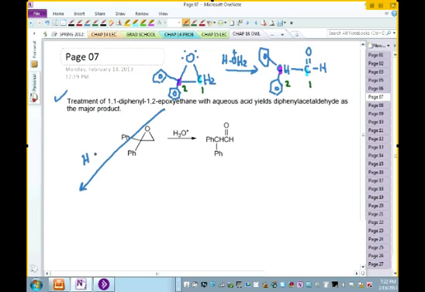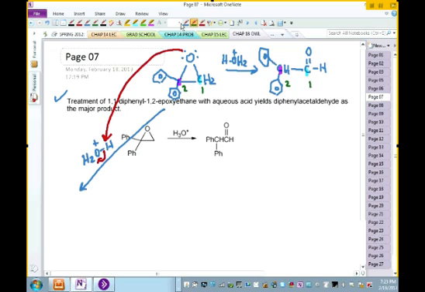So we have, let us now draw our arrow. Keep in mind you draw your arrow from where you have electrons to the positive charge, okay? Pick up the proton, and then we have this.